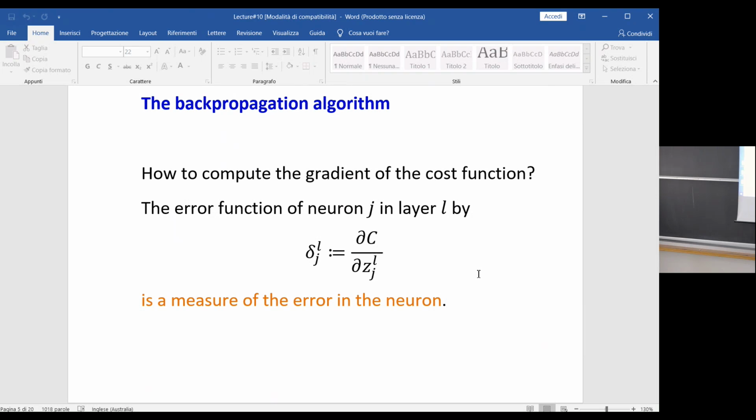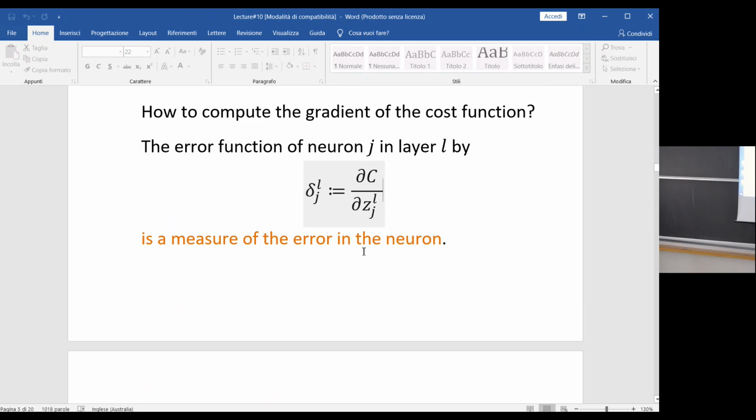It is the error function of neuron j in layer L. So considering any layer L in our neural net, we can estimate the error of the neuron by considering the gradient of the cost function with respect to the corresponding parameter z_jL.